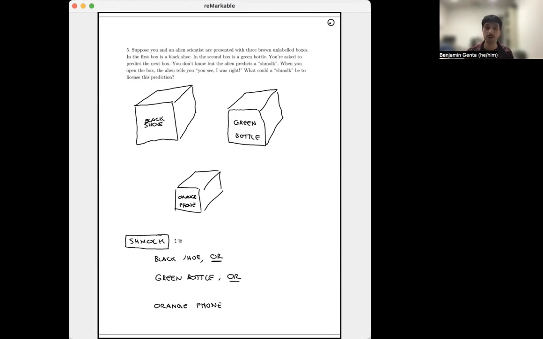The alien is walking around while the human scientist walks around and says, oh, a black shoe, a green bottle, orange phone. It's kind of hard to see a pattern here. Whereas the alien scientist is saying, based on their language, oh, look, a schmalk. And then they open the second box and they say, oh, another schmalk. So they open the third box and they say, I bet there's a schmalk in here. And they look and they see an orange phone, which is a schmalk, and they say, oh yeah, I was right. I have a schmalk.